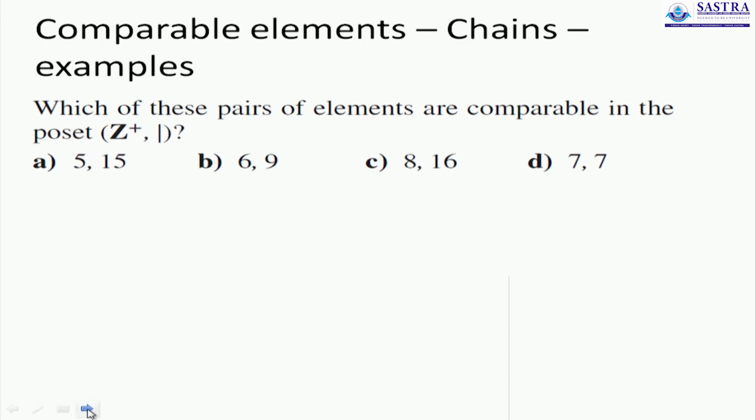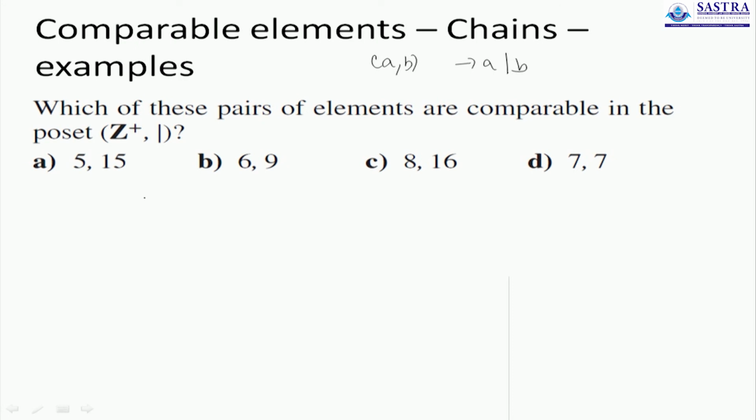Now let's try a small exercise. We are considering the set of all non-zero integers which are related using the operation of division. So A is related to B only when A divides B. In this case, can we find out whether the pair of elements given here are actually comparable?